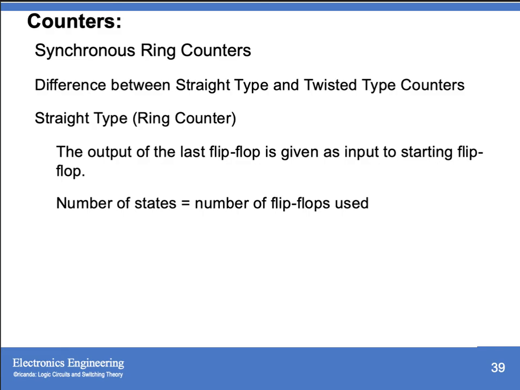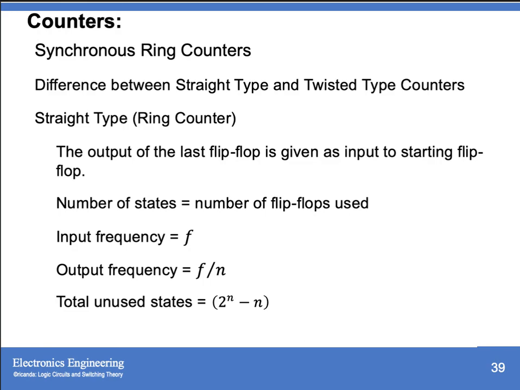Then the input frequency is in terms of hertz, or frequency. Then the output frequency is your frequency over the number of flip-flops. Then the total unused states is 2 to the n minus n.